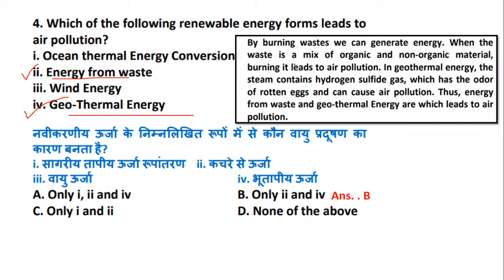When the waste is a mix of organic and non-organic material, it leads to air pollution. Now in geothermal energy, the steam contains hydrogen sulfide gas, which has an odor of rotten eggs and can cause air pollution. So thus energy from waste as well as geothermal energy can both lead to air pollution.